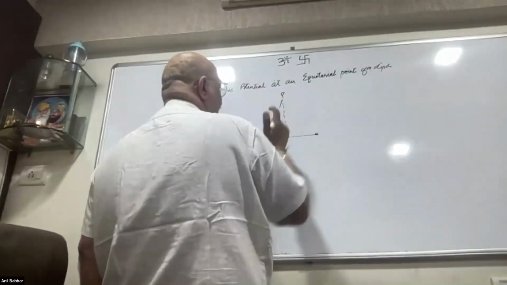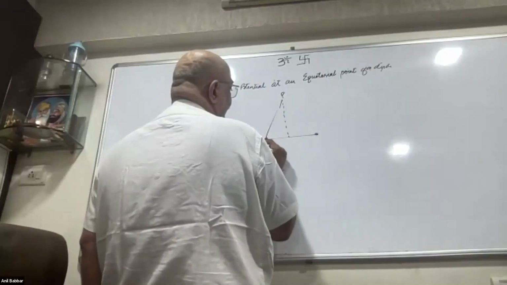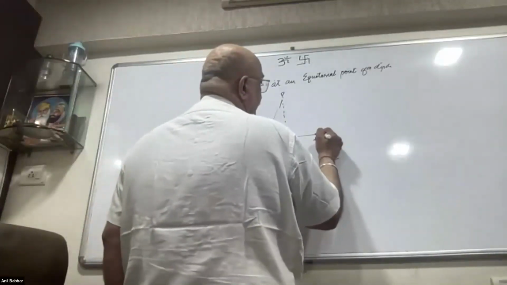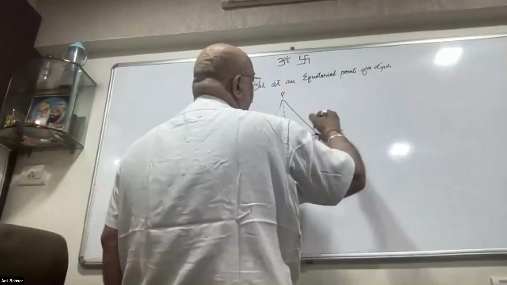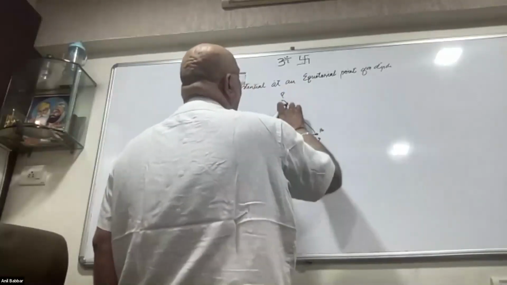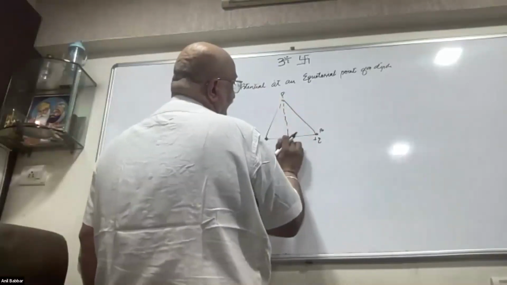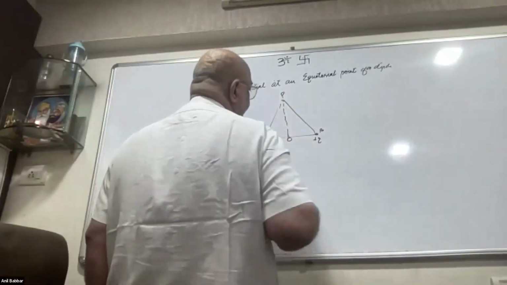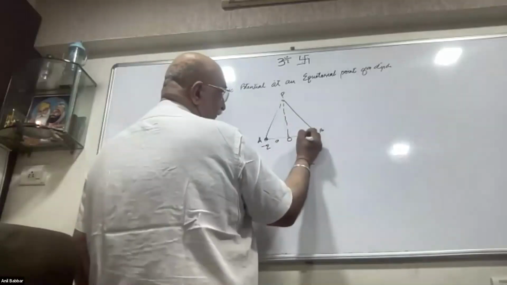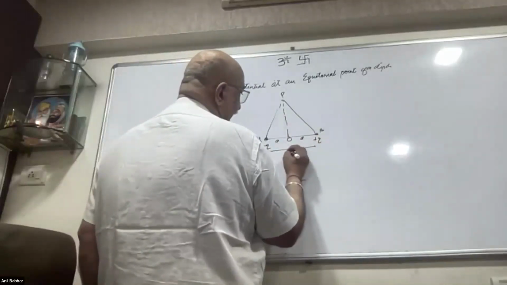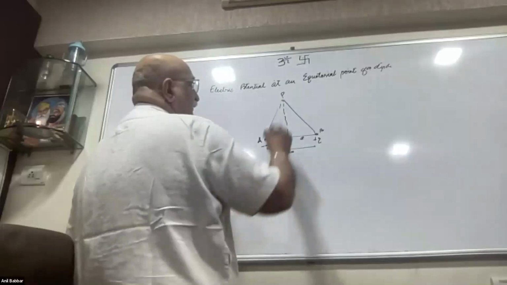So this is P, say A. Here it is minus Q. It is plus Q. This is say B. This is perpendicular bisector, midpoint O. So this is A, this is also A because the total length is 2A. Fine.